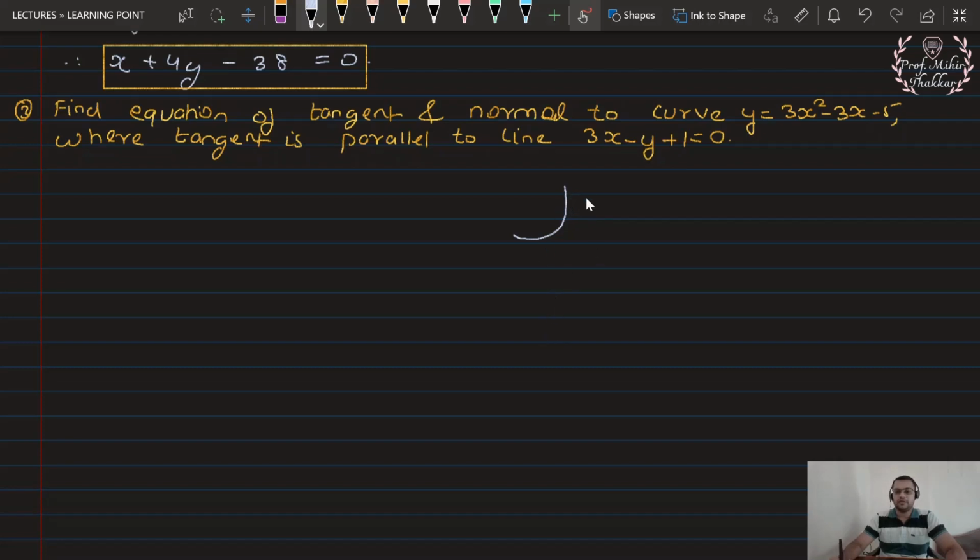If this is our required curve, whose equation is y is equal to 3x square minus 3x minus 5, and we have a tangent which touches the curve at this point.